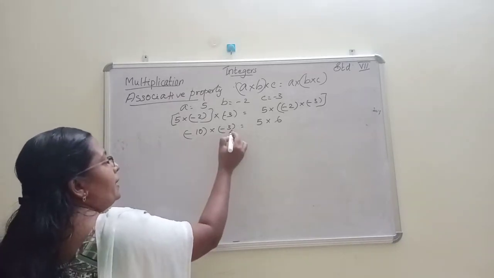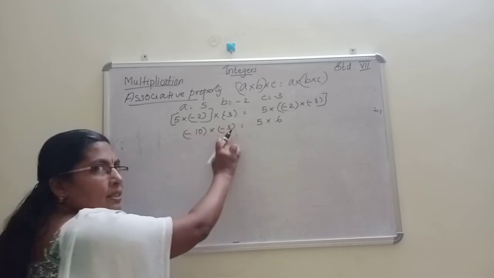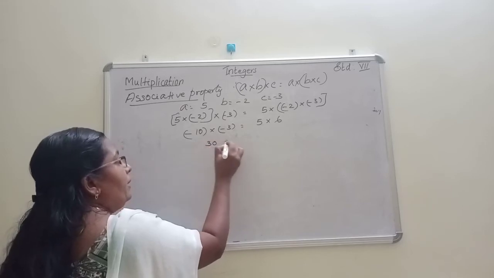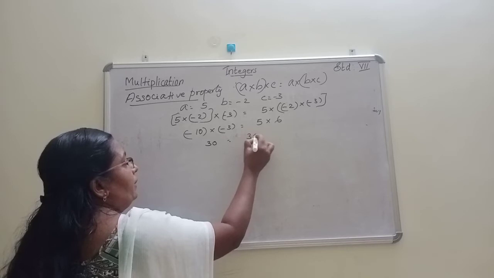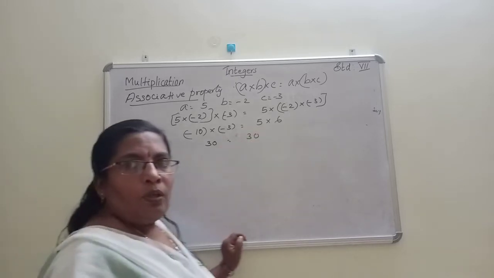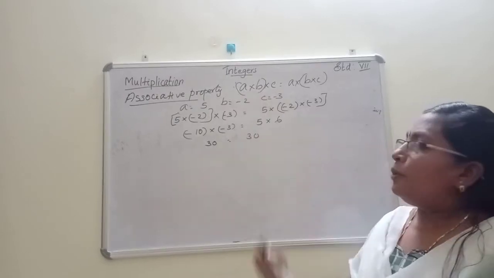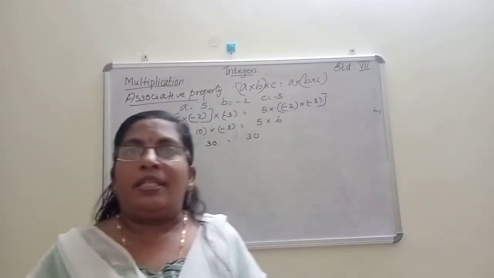Now minus 10 and minus 3, that is minus gives positive. So plus 30, 5 6s are 30. Both are same. So associative property: A into B into C equal to A into B plus B into C.